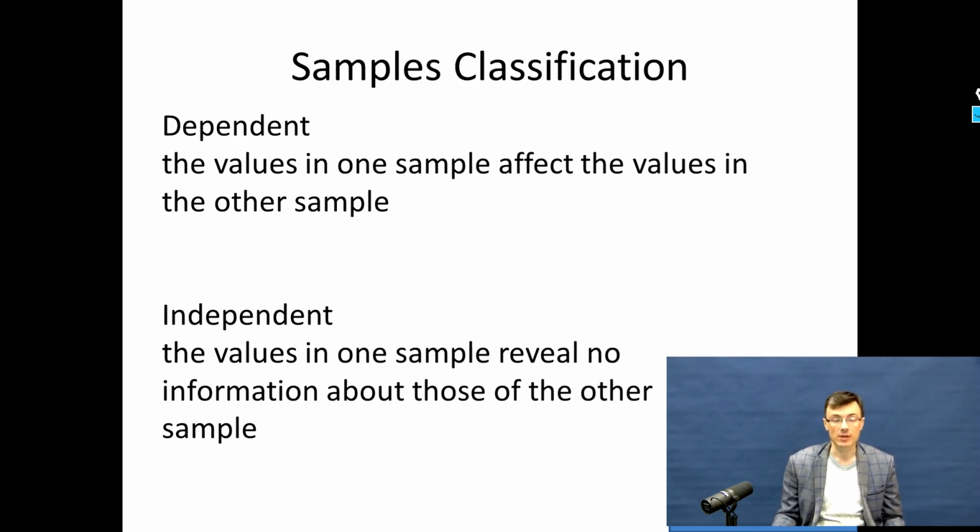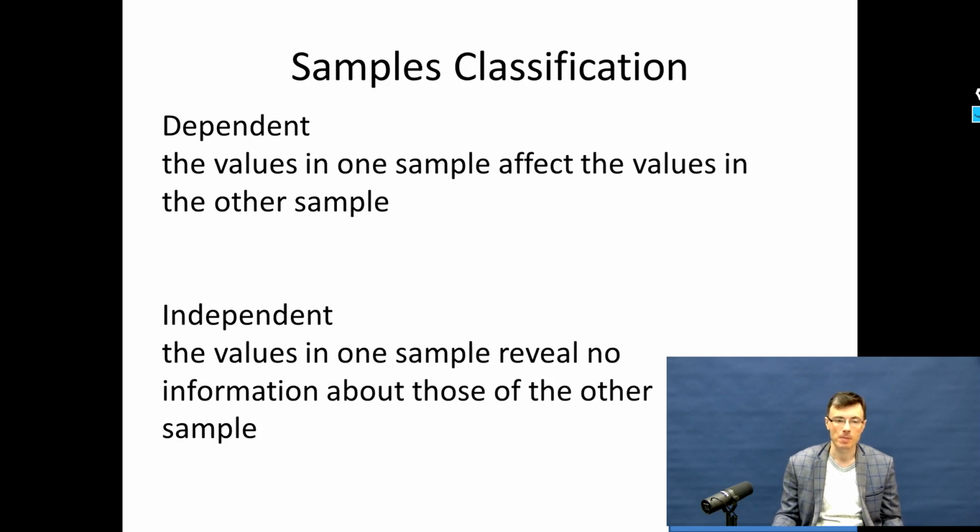In your survey, you will face situations where you have independent samples and dependent samples. So if values in one sample affect the values in the other sample, then you have a dependent sample.